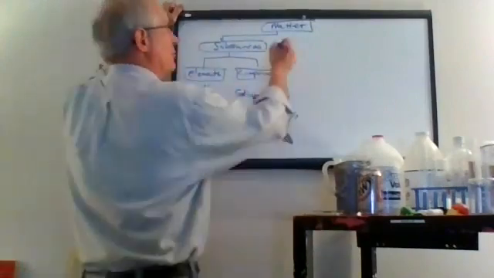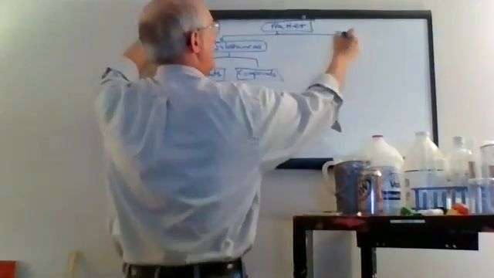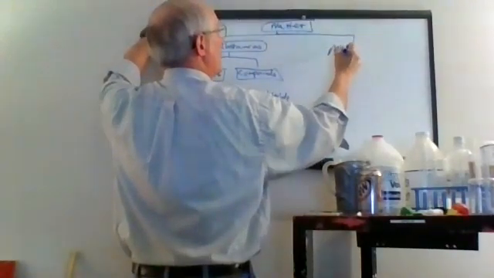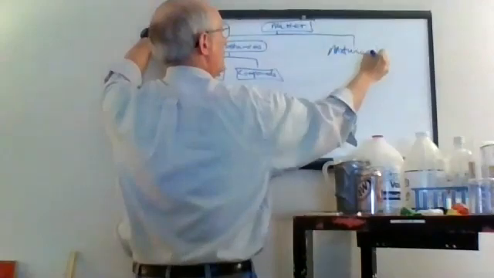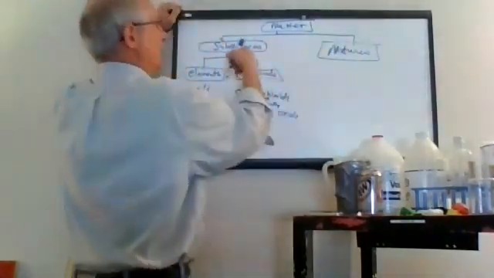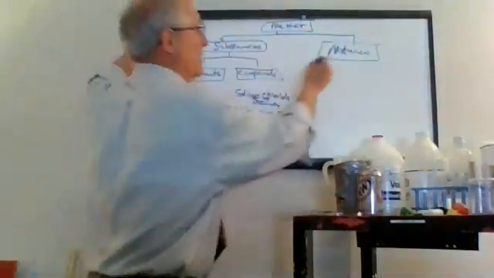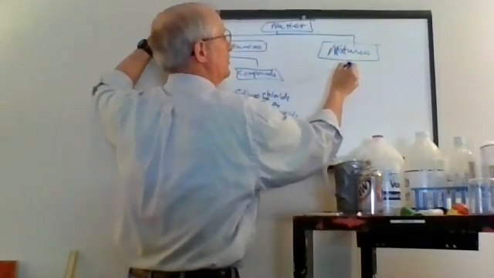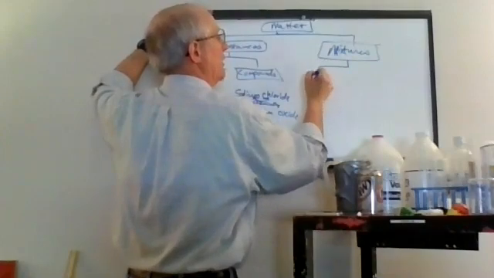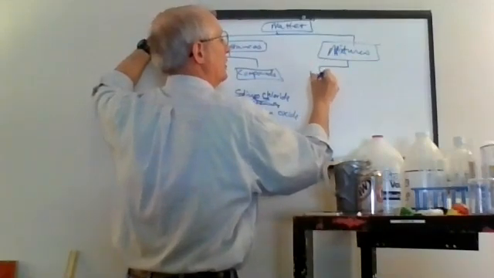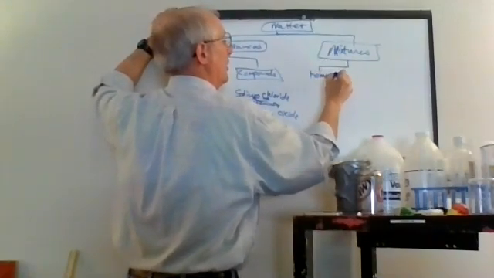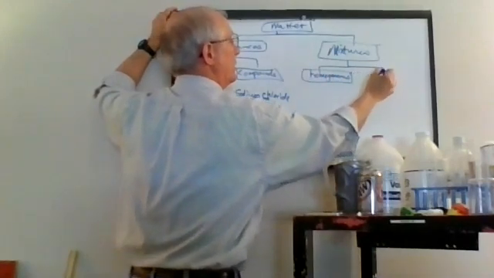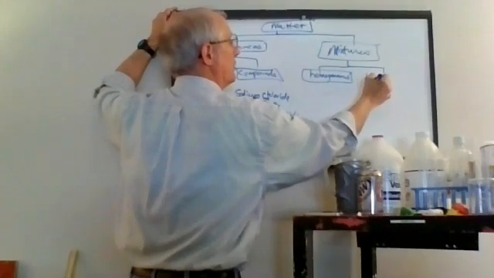Now, today we're talking about the other part of matter, which is called mixtures. So all matter is either pure substances or mixtures. Now, mixtures can either be homogeneous or they can be heterogeneous.